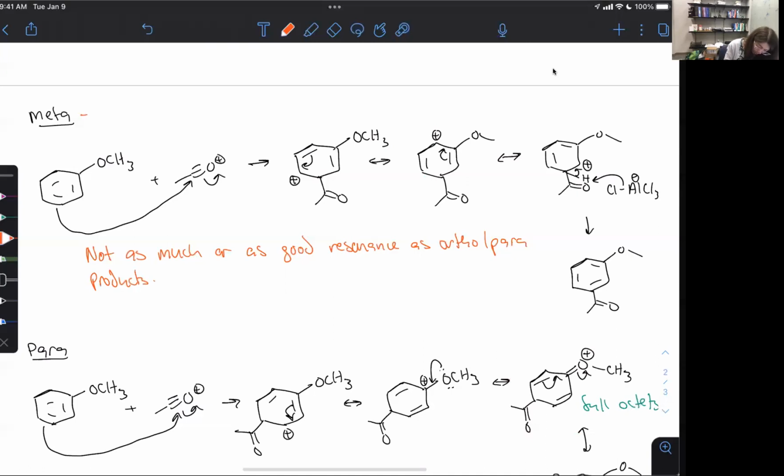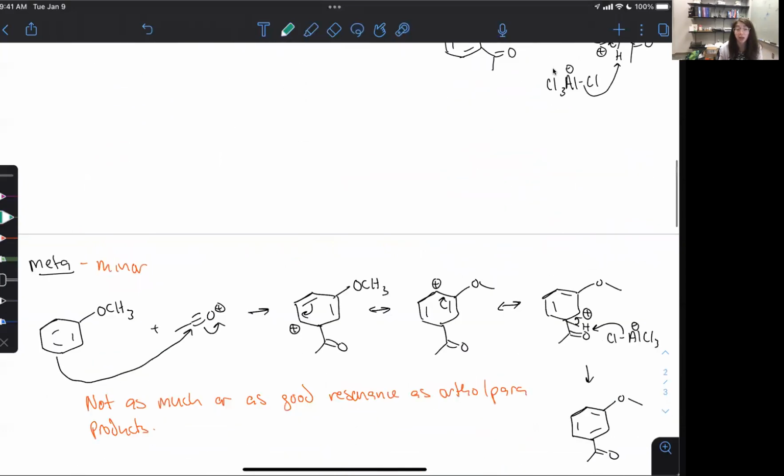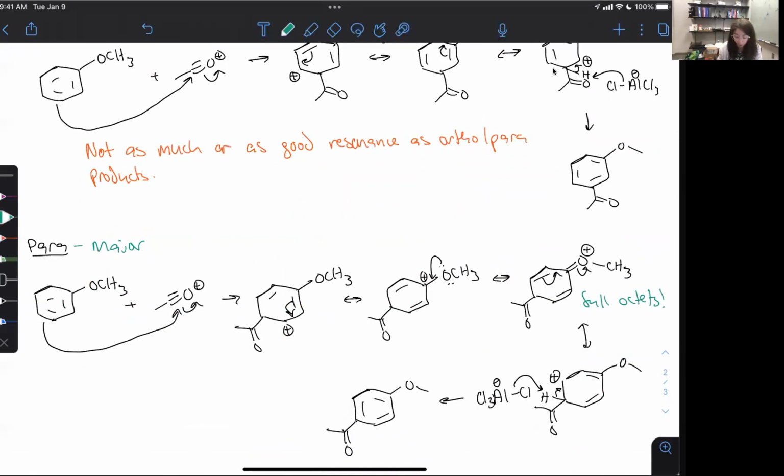Okay, so our meta is going to be the minor product. The para is going to be the major, shared with the ortho. Oftentimes you'll see para be a little bit major, just over the ortho in general, because we have our groups spread out.